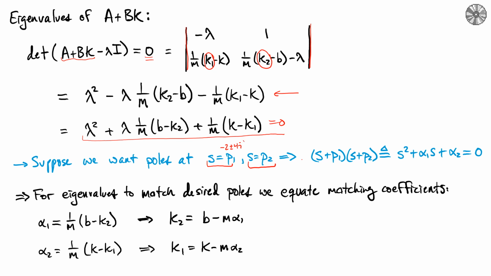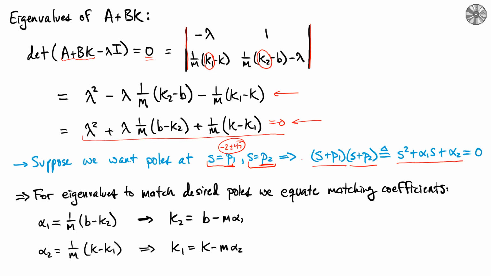But again, you can specify where you want these poles to be, and let's just say it's p1 and p2. And so that means that the characteristic equation for the poles would go like this quantity (s + p1)(s + p2), which would give us the characteristic equation like this.